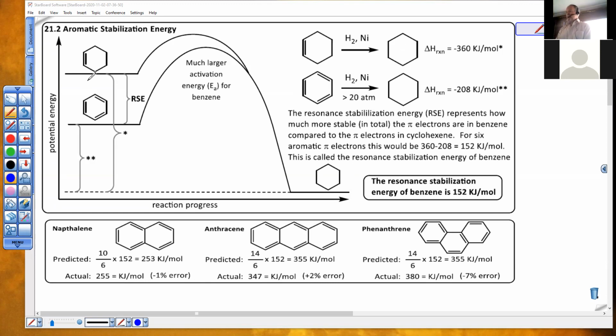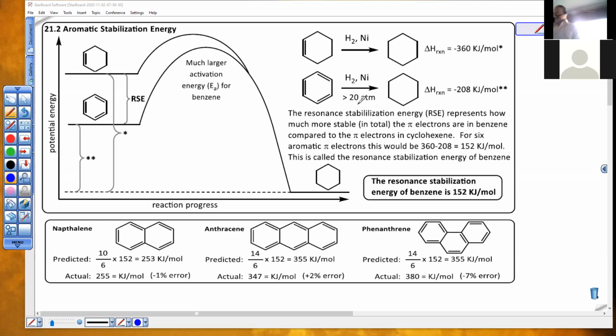Now, to do the math appropriately on this one, I would have to do H2 and nickel, and I do the experiment, but this thing does not like being reduced. This is an extreme circumstance. 20 atmospheres pressure requires very special equipment, very thick steel wall containers so that they don't explode.